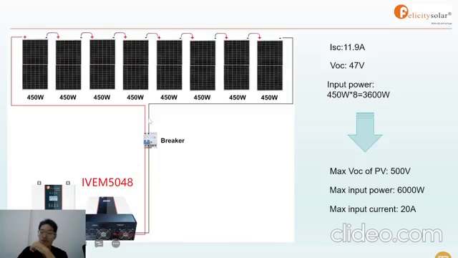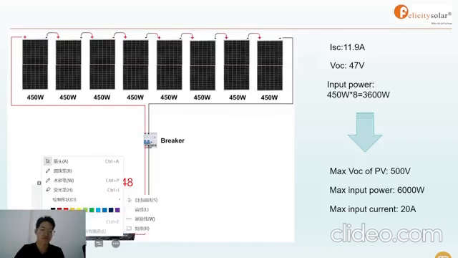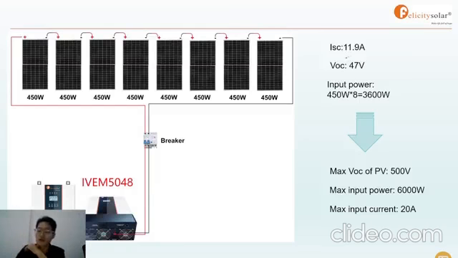So you may wonder why we don't just connect all these panels in parallel mode. Because of the voltage: the VOC is 47.